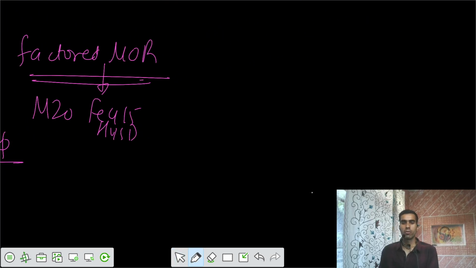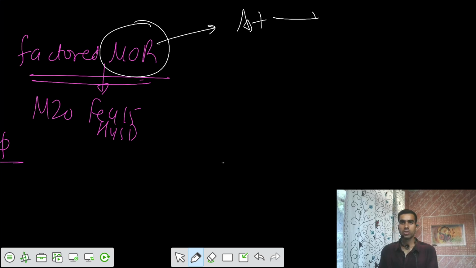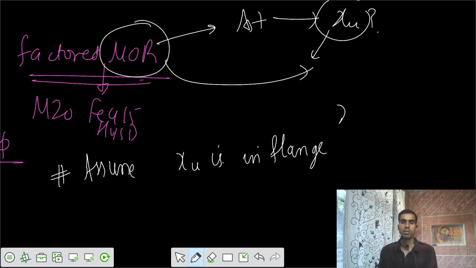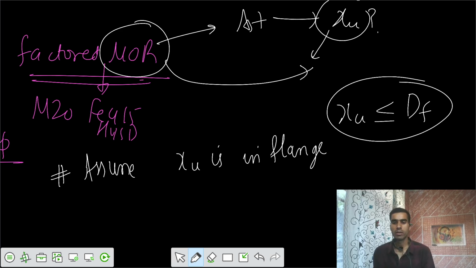If we want to get the moment of resistance and the area of the steel is provided, I need to calculate the actual location of the neutral axis, and after that calculate the actual moment of resistance at that location. Initially, let's assume that the neutral axis is in the flange. That means I am assuming that xu is less than or equal to df.